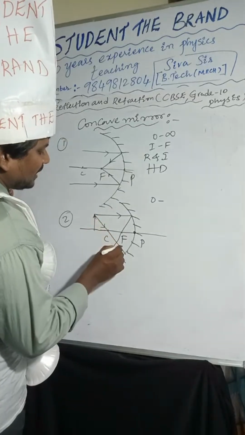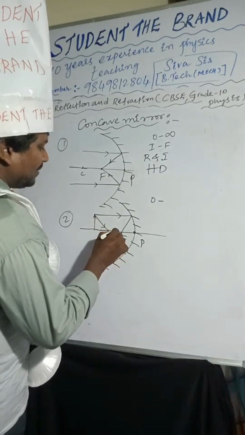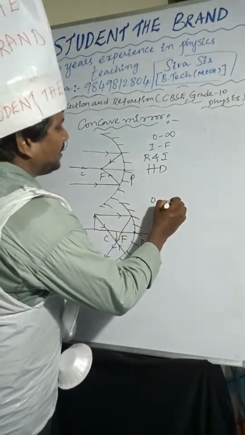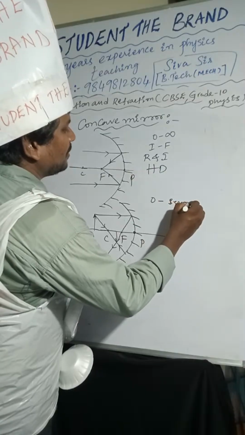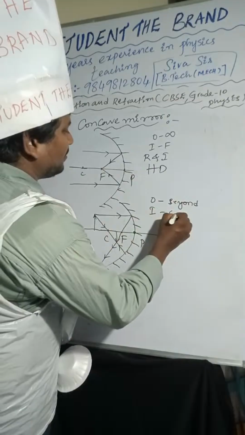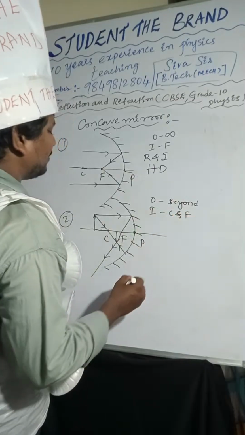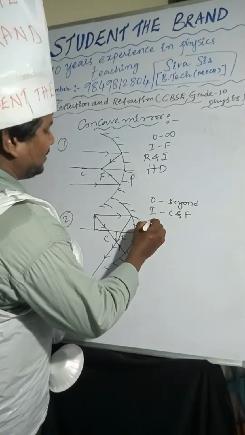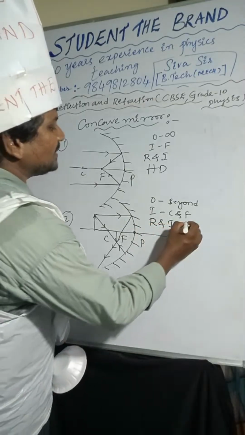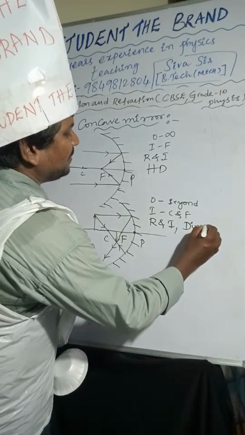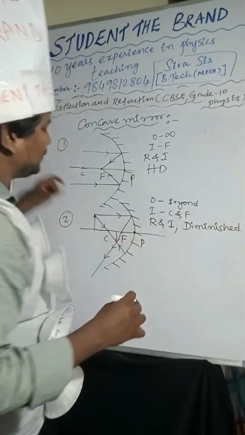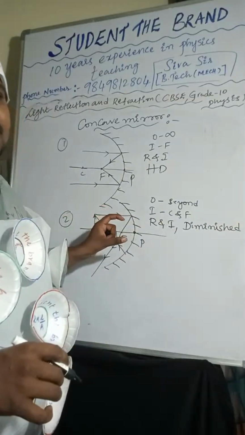So if you are taking like this, the image will form between C and F. Object beyond C, image will form between C and F. Nature of the image is real and inverted. Size of the image is diminished. Compared to the object, image size is decreased.